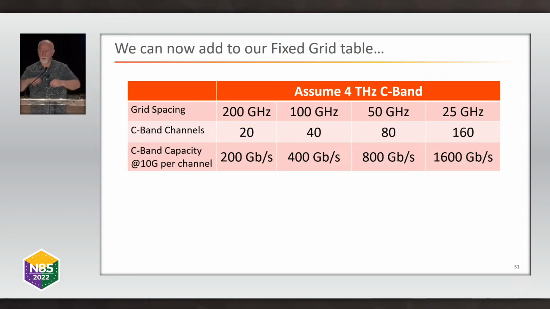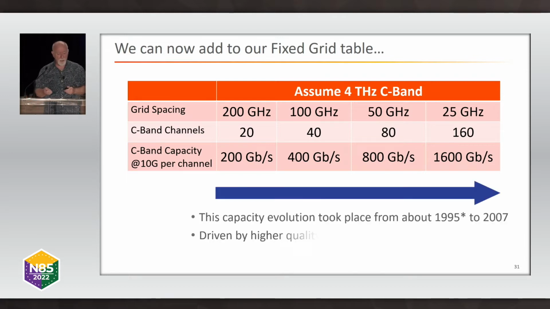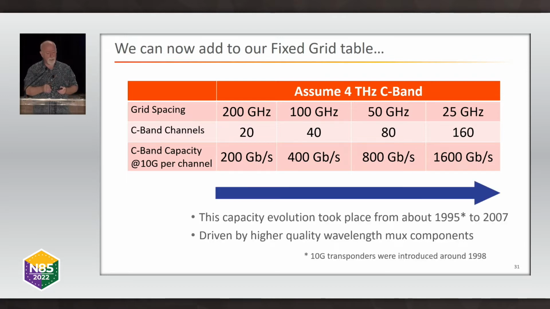So we can add to our fixed grid table the maximum wavelength data rates we could achieve with direct detect. So 200 gigabits per second in a 20-channel system, scaling up to 1.6 terabits per second in the C band of a 25 gigahertz grid system with 160 channels.